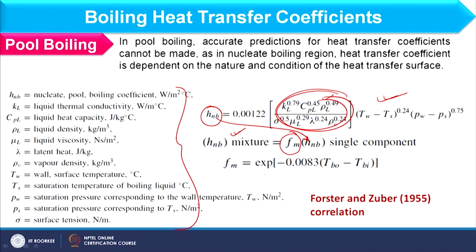So, FM is equal to exponential of minus 0.0083 times (TBO minus TBI), meaning boiling point outlet and boiling point inlet. Based on these temperatures we can find the heat transfer coefficient in pool boiling, right.